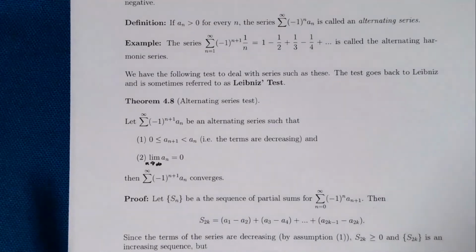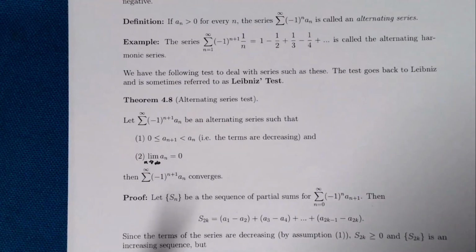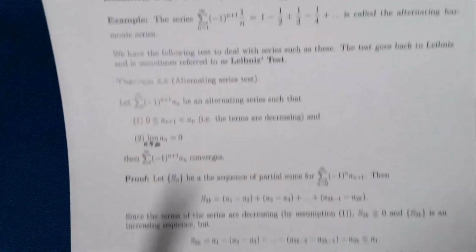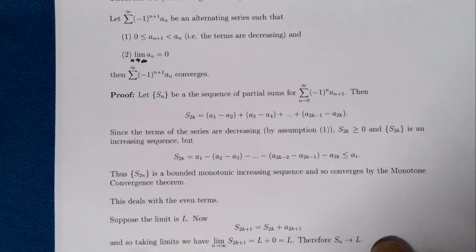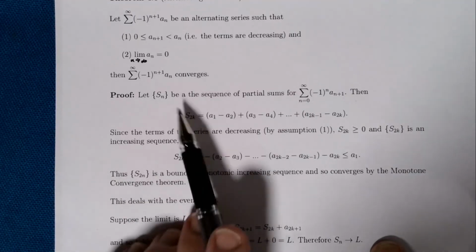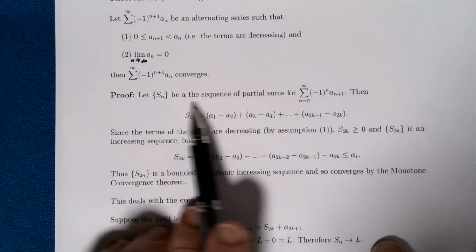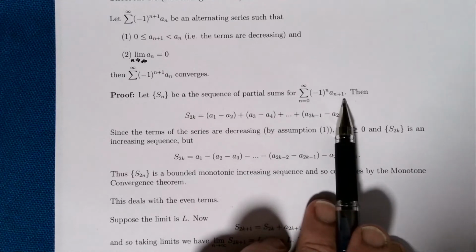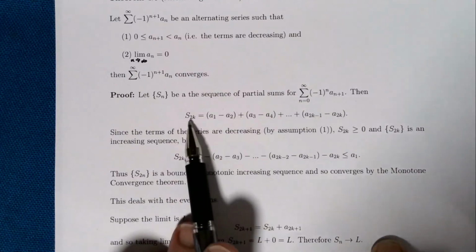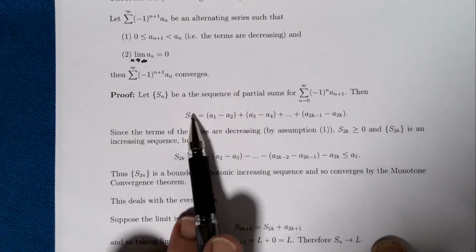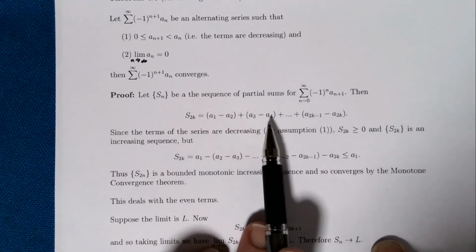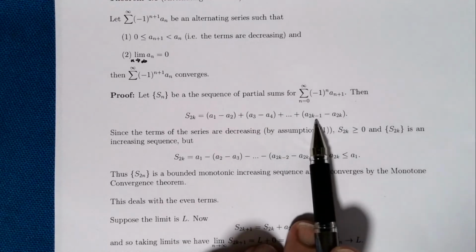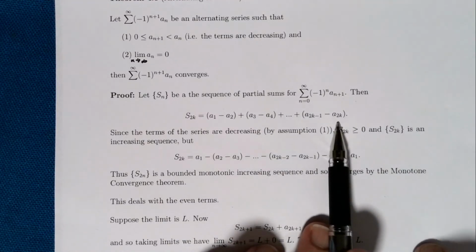Now the proof of this, well, I'll go through it here. You won't be expected to reproduce the proof, but I'll just go through it quickly and you can have a read of it later. So we let S_n be the partial sums, and I'm going to take the partial sums of an even number of terms. So I get a1 minus a2, a3 minus a4, up to a_{2k-1} minus a_{2k}.